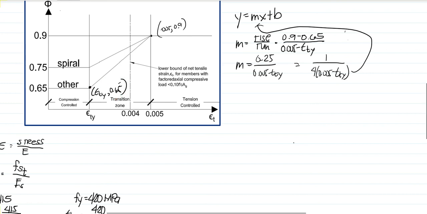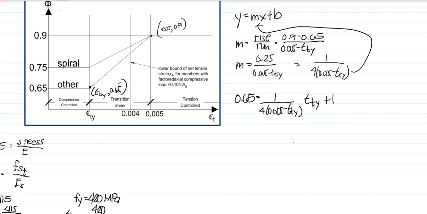So, substituting to the equation of the line, so, ang y natin is 0.65 is equal to, yung m natin is 1 over 4 times 0.005 minus epsilon t sub y. Then, yung x natin is yung epsilon t sub y plus b.